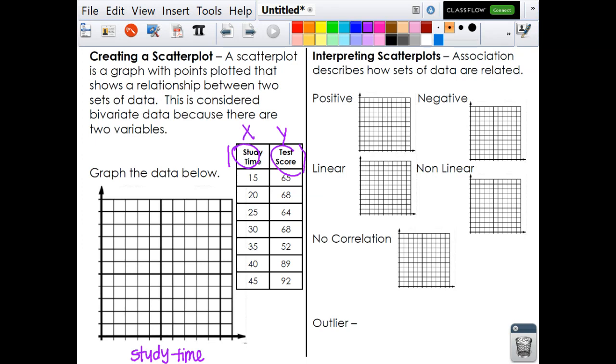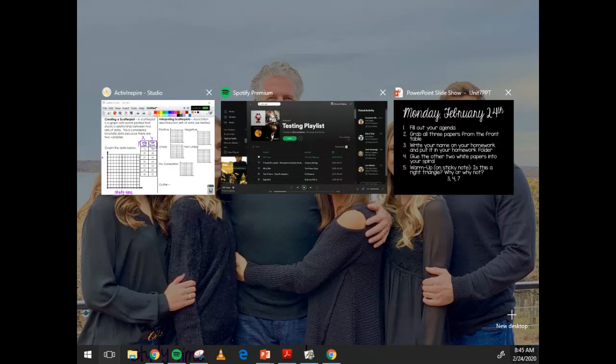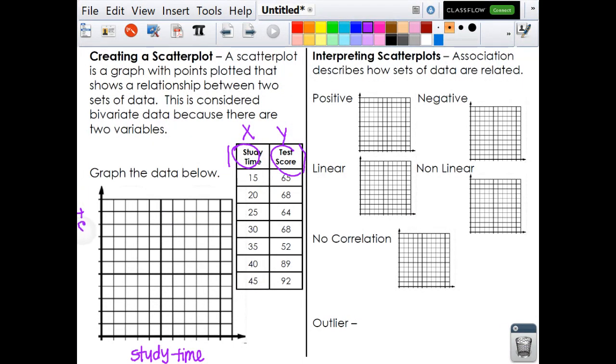Then our y values represent what? Test scores. Okay, test scores. Everybody good with those two labels? Yes.